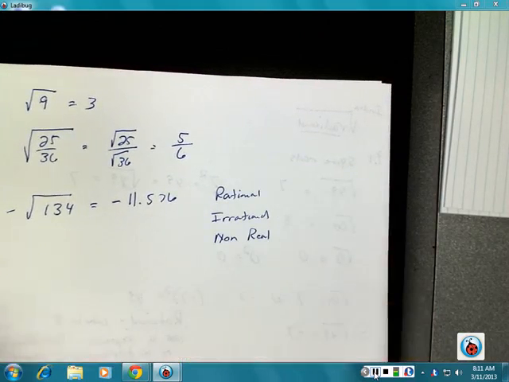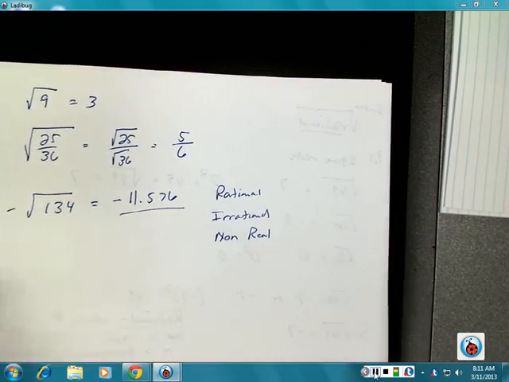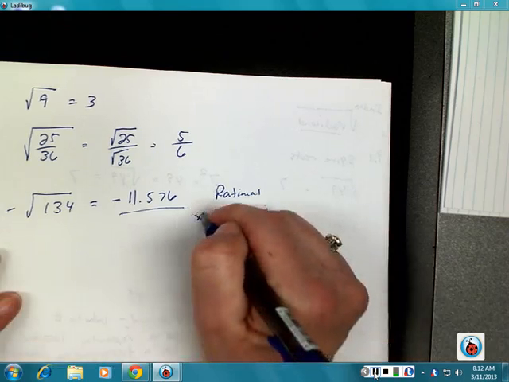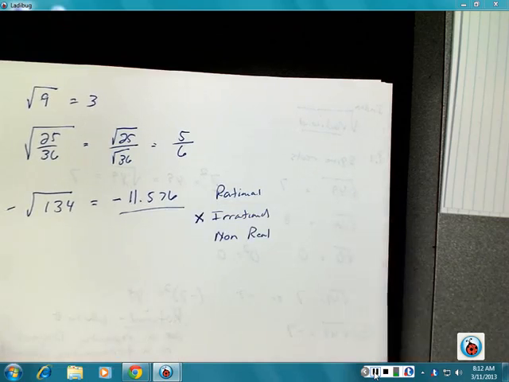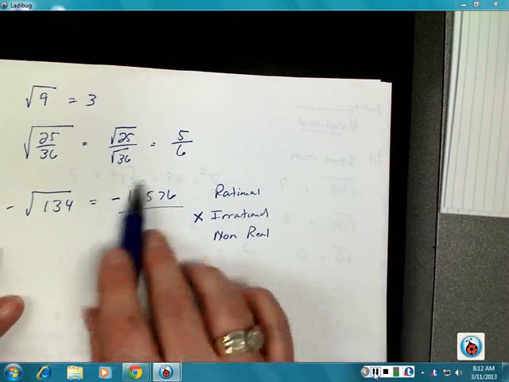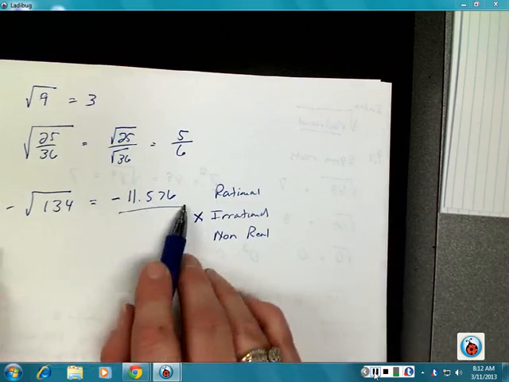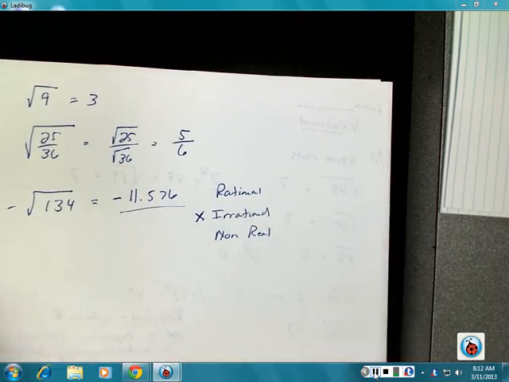So if we go back to our calculator and take a look at it, does it terminate? Does it repeat? Doesn't repeat either. So we would put an X or fill in the circle in front of irrational, because again, it's not a solid decimal that terminates or repeats, and so it's irrational.